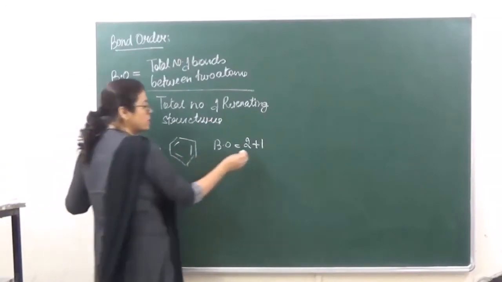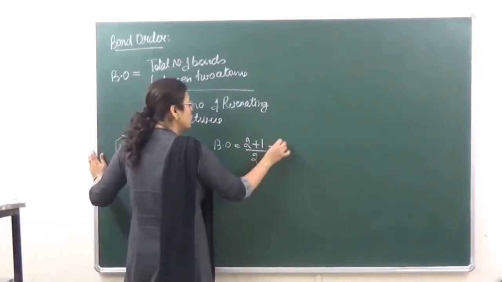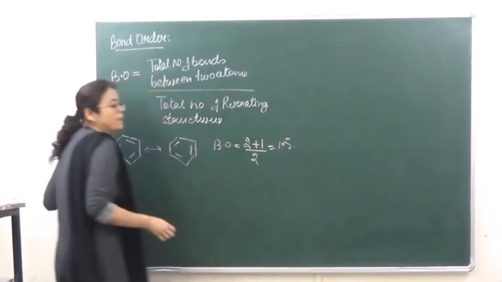There are 2 resonating structures. So divided by 2, the bond order comes to 1.5.